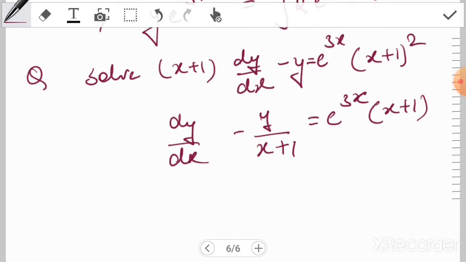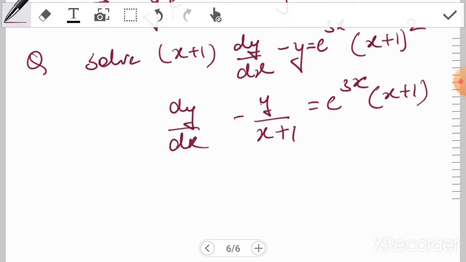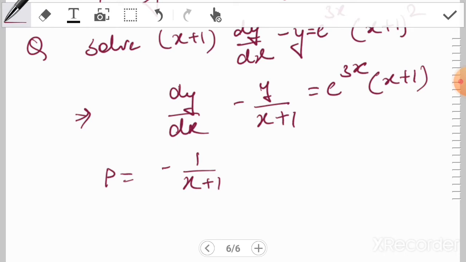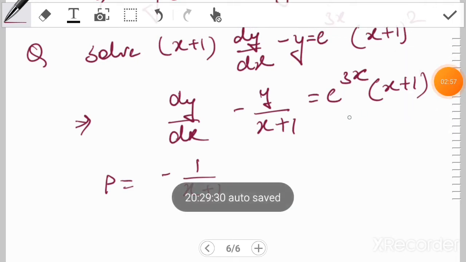So this is now a Leibniz equation, the standard form of linear equation of the first order, where P is minus 1 by x plus 1 and this is Q.